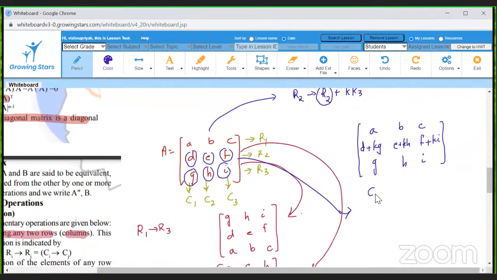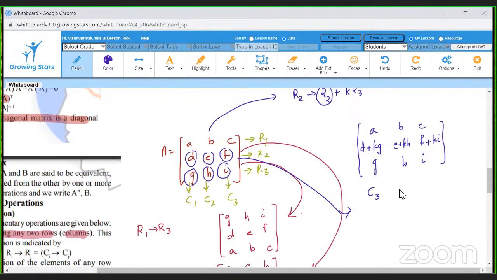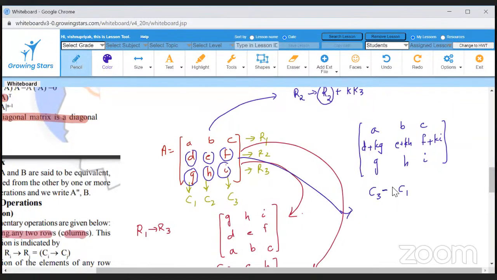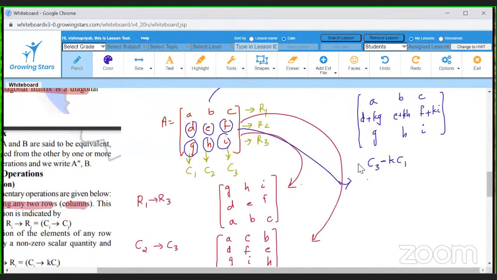To column 3, I will add column 1, but I will subtract by multiplying column 1 with K. What change will happen? It will affect column 3. Column 3 will change.